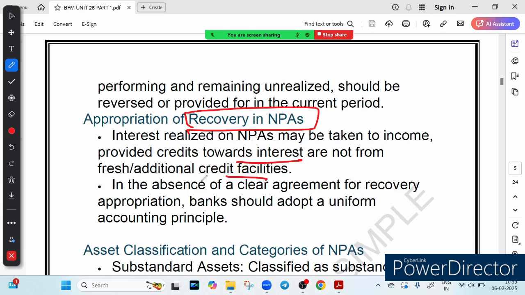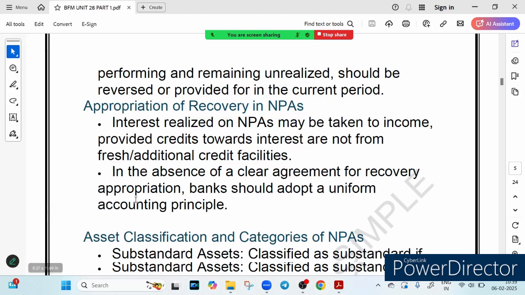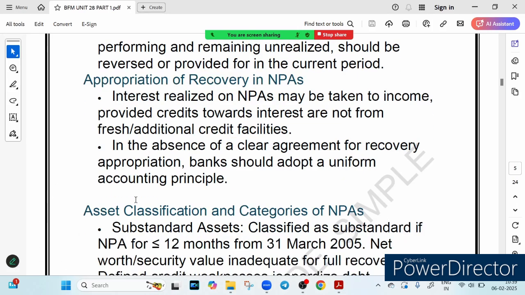right? If there is no clear agreement on how to use the recovered amount, the bank must follow a uniform accounting principle to ensure fairness and consistency. So the key takeaway from what we have learned till now is that a bank cannot record interest on NPA as income unless actually received, even for a government guaranteed loan, right?